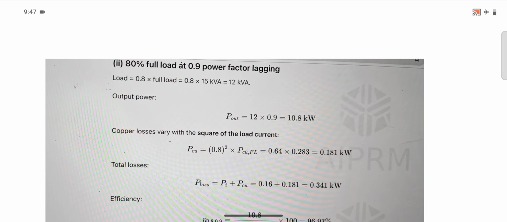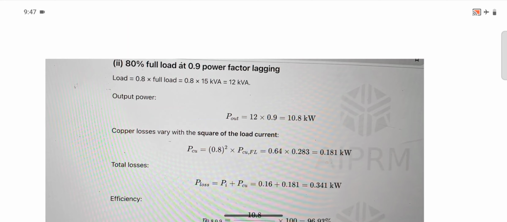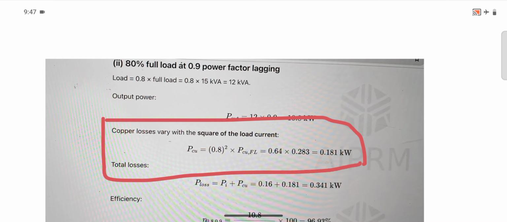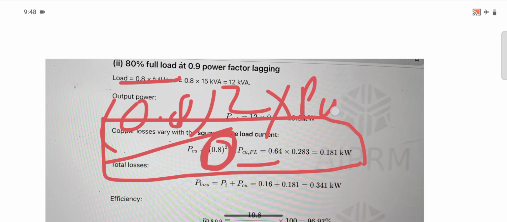Using this we get copper loss of 0.181 kilowatt, and the iron loss will be the same, constant. So total loss is iron loss plus copper loss. Copper loss varies with the square of load current, that's why we use this formula here. You should know this. We already know the full load condition and the load is varying to 80%, so it varies with the square. That's why we use this formula.